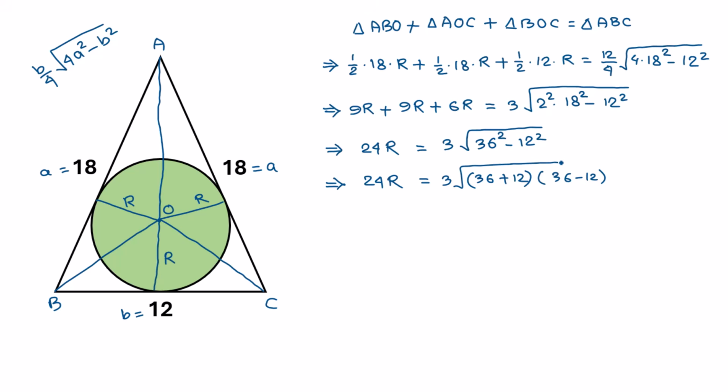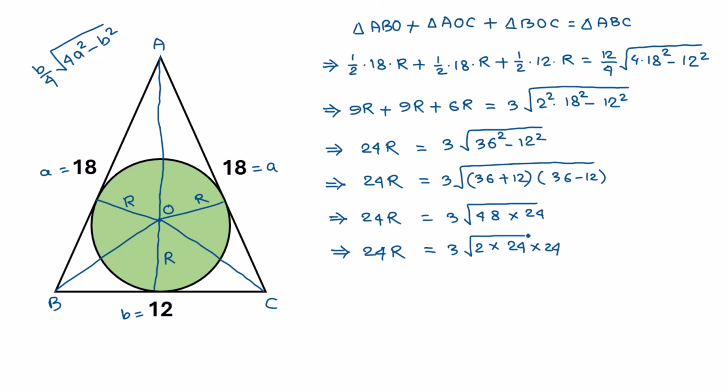So on the left side 24 times r is equal to 3 times the square root of 48 times 24, where 36 plus 12 is 48 and 36 minus 12 is 24. And 48 we can write as 2 times 24.